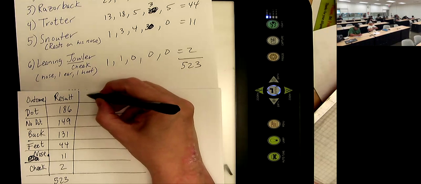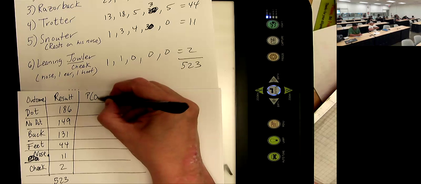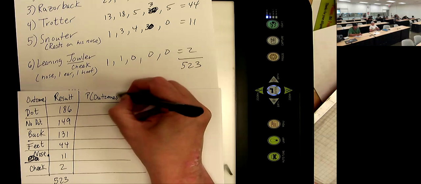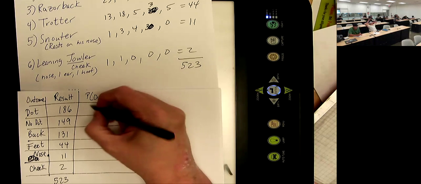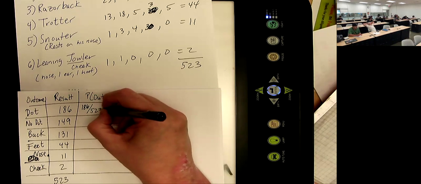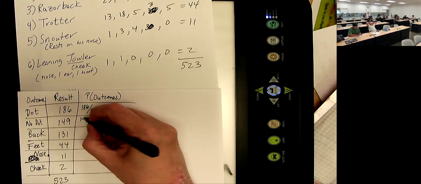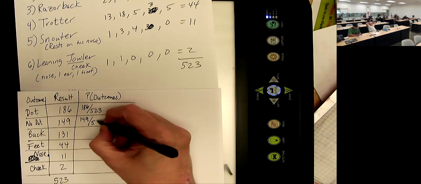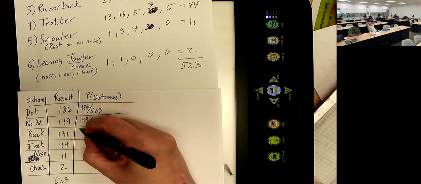Now we'll look at the probability of the outcomes. I'm going to list them as a fraction first, and then we'll write down the decimal equivalent. You're taking the result and putting it over the total.